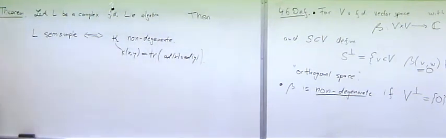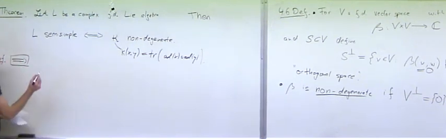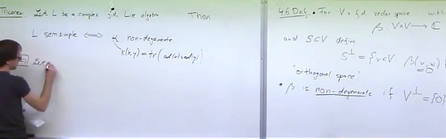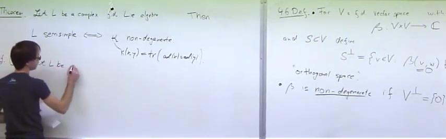So how do we prove this? Let's start with this direction. So we suppose that L is semi-simple.